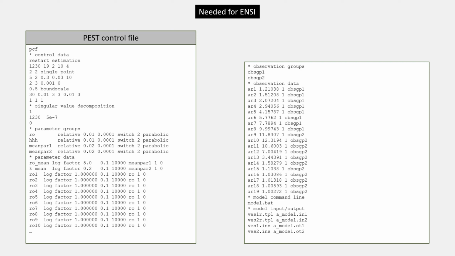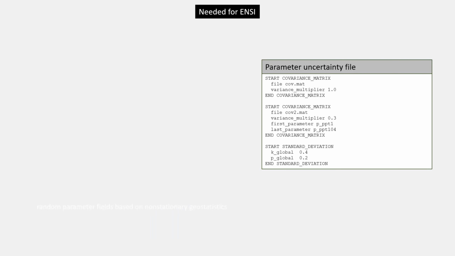We're working with lots of parameters for the reasons we discussed earlier. We tell PEST to run in estimation mode. We don't run in regularization mode. The regularization which is used to achieve a minimum error variance solution to the ENSI inverse problem will be added automatically in ways we'll discuss in a moment.